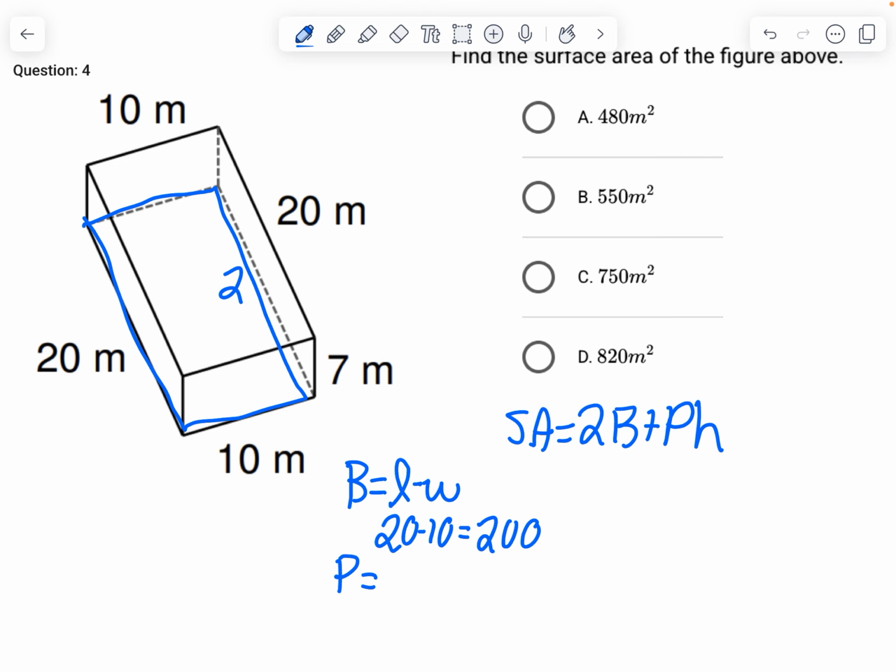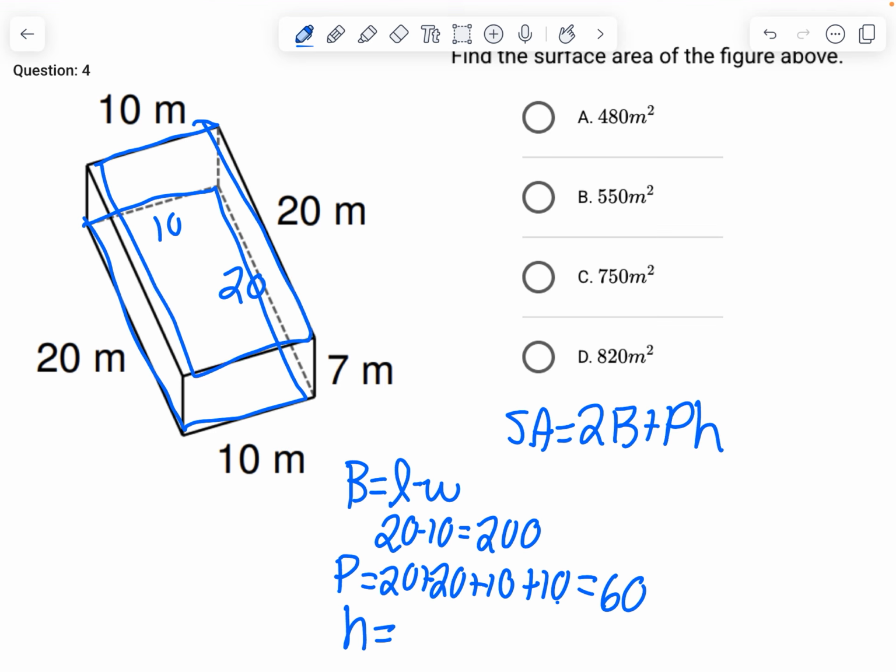Perimeter is adding up all the sides. So I know I have a 20 over here, a 10 over there. So 20 plus 20 plus 10 plus 10. 40, 50, 60. And then the height is the distance between our 2 congruent bases. So I know I have a congruent base up here. So the height is what's between those 2 rectangles, which is our 7.